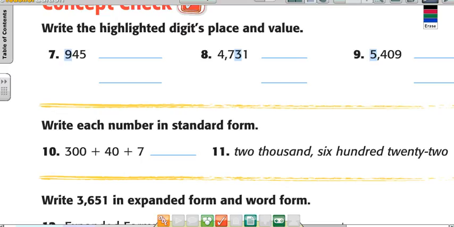There. We're reviewing chapter 1. Look at number 7. It says, write the highlighted digits, place, and value. What number is highlighted? 9. What place is it in? Hundreds. So I have to write that first.